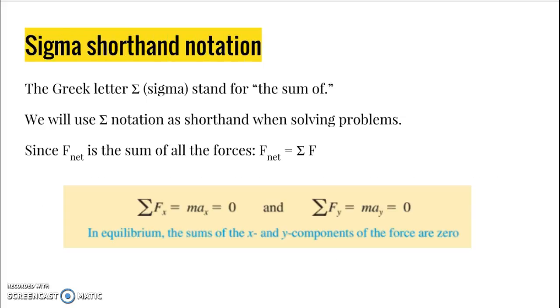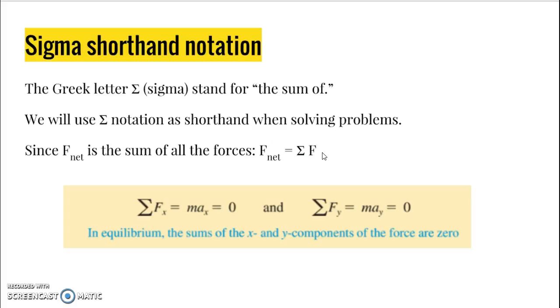In physics and in math, we use shorthand if we're adding a bunch of things together in an organized way. We use what's called sigma notation, where the Greek letter sigma stands for the sum of. We write a sigma in front of an F to say the sum of the forces, which is the same thing as saying our net force.